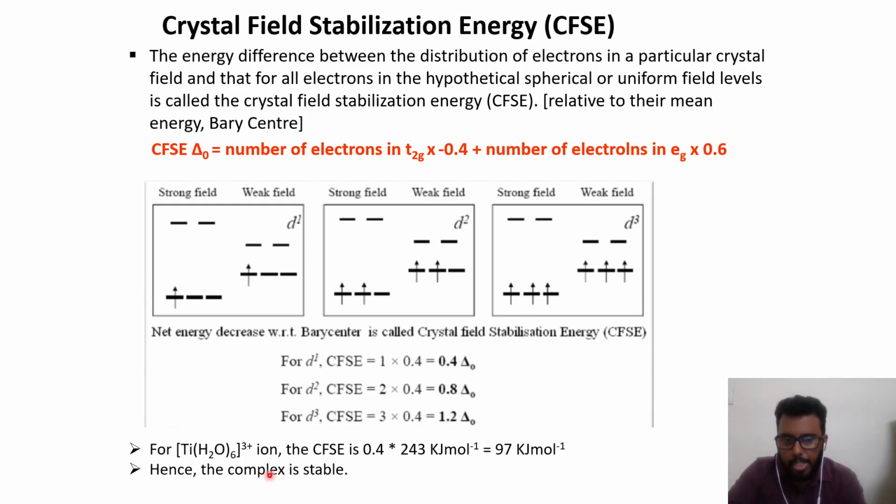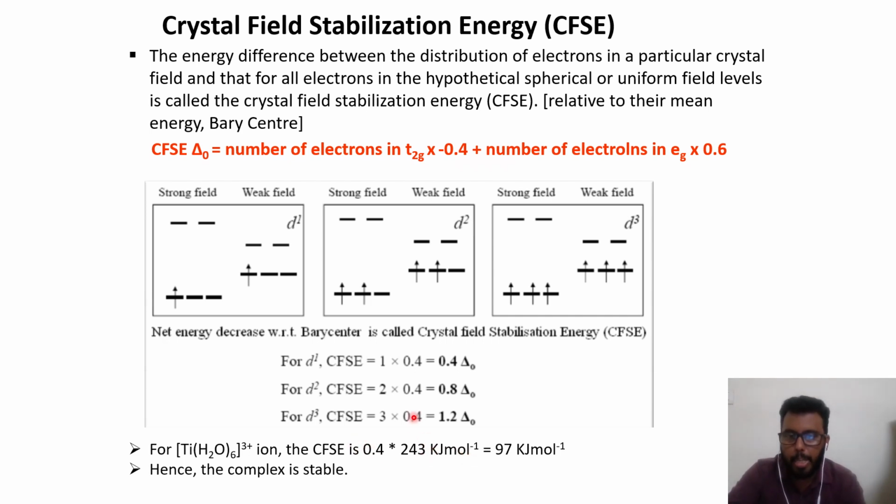So we have read about the hexaaquatitanium complex, that is a D1 system, and we have calculated the optical property. How many electrons? D1 means only one electron. So what is the crystal field stabilization energy? 1 into 0.4, 0.4 delta O. Now we know that this delta O, the energy for this splitting gap, is 243 kilojoule per mole.